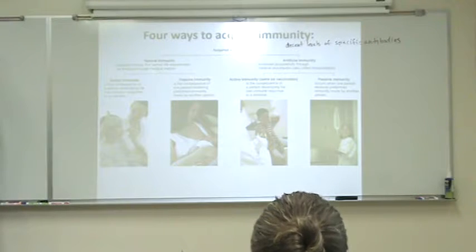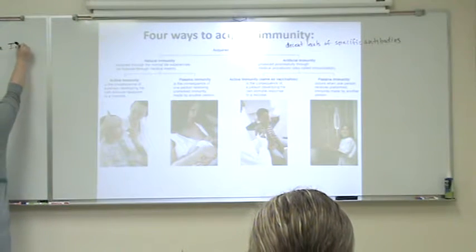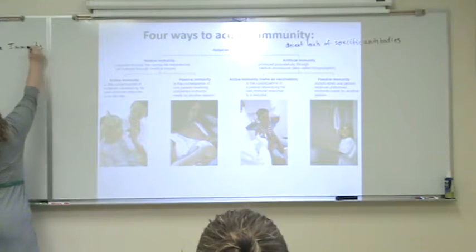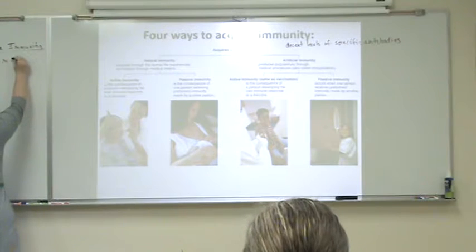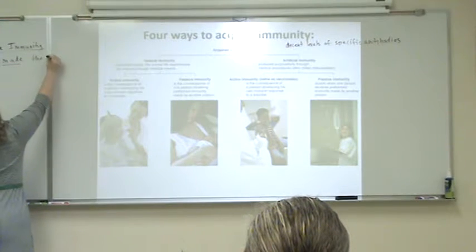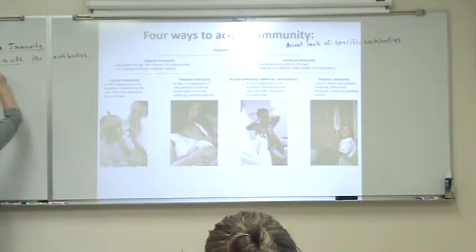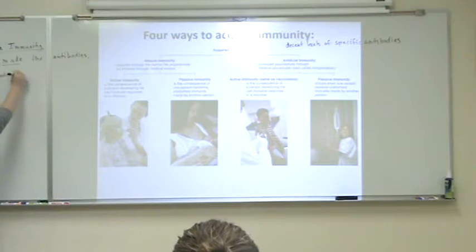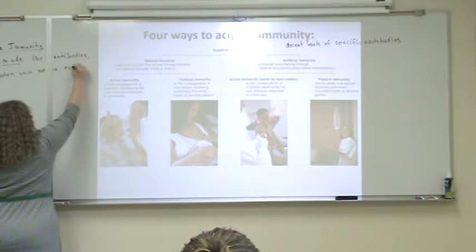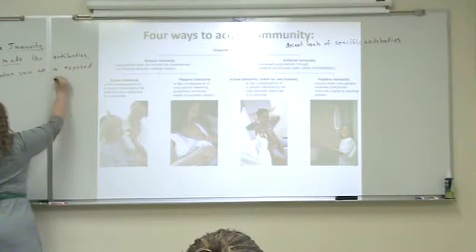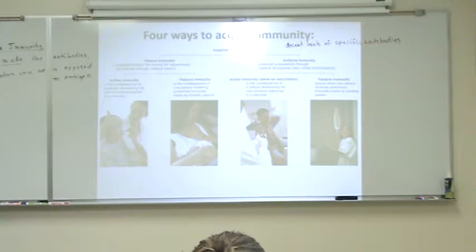Okay, if we say that something is active immunity, that means that you made the antibodies when you were exposed to the antigen. You made those antibodies, your very own self, by some method.